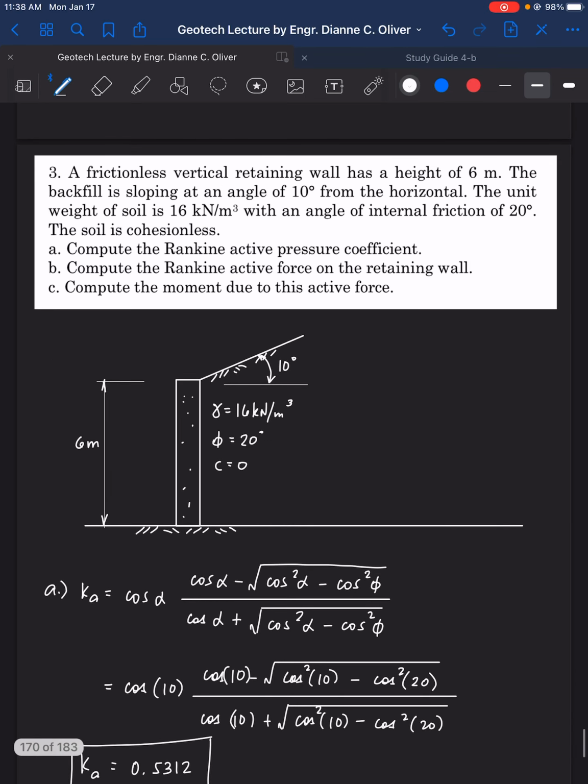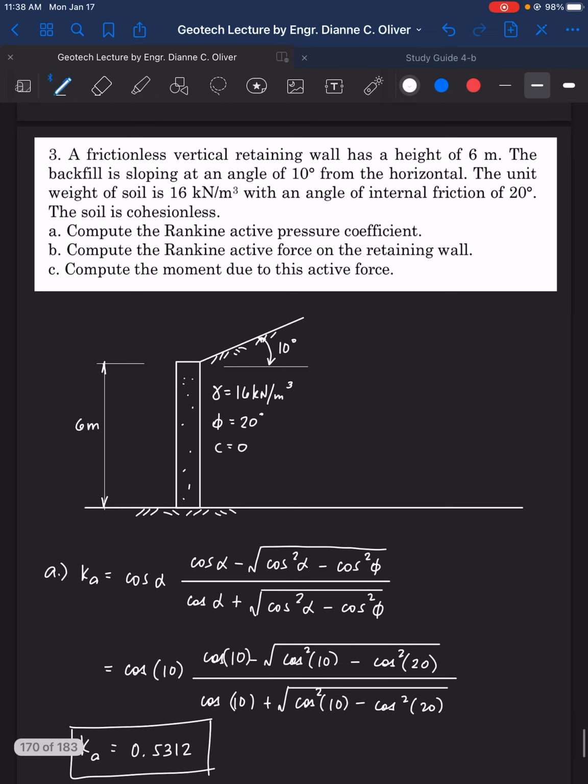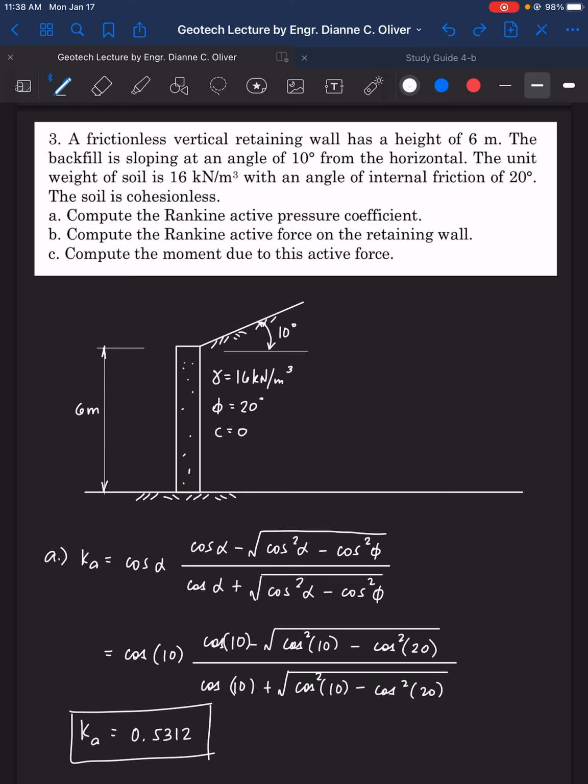Next, we are to find the Rankine active force on the retaining wall. So what is involved here? We don't have cohesion. Cohesion is 0. There is no surcharge. We have soil. So how do we analyze it if we have a sloping backfill? Here we consider the soil and take it horizontally like this.